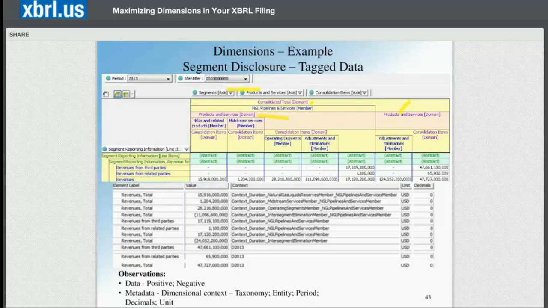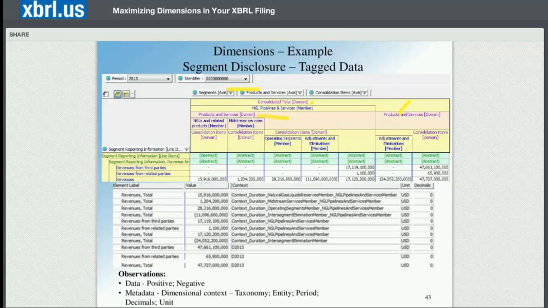Because it's the elimination of the intercompany, intersegment, and intrasegment sales of that member, the NGL Pipeline and Services member or segment. The 15916 is the value of their sales after eliminations, and it's for the NGL and related products and services, whereas the 1204 is the midstream services sales after elimination of that segment.